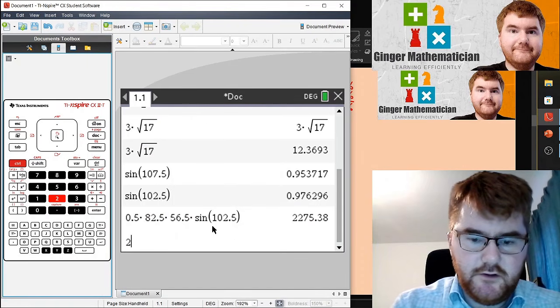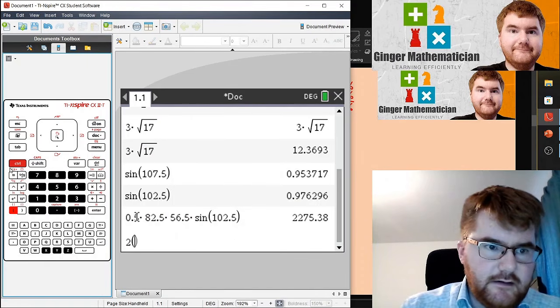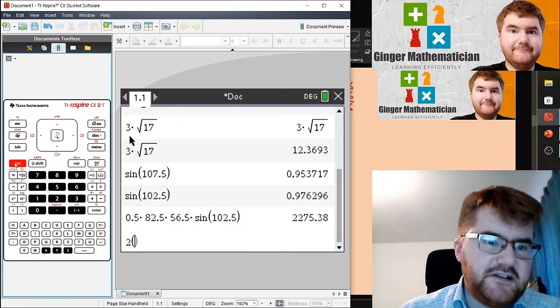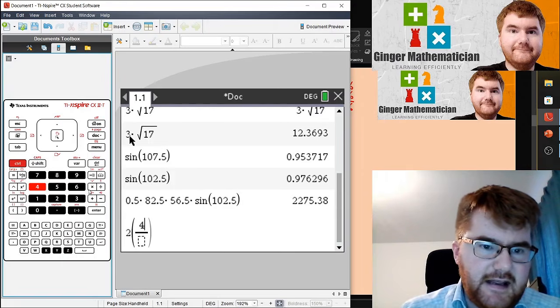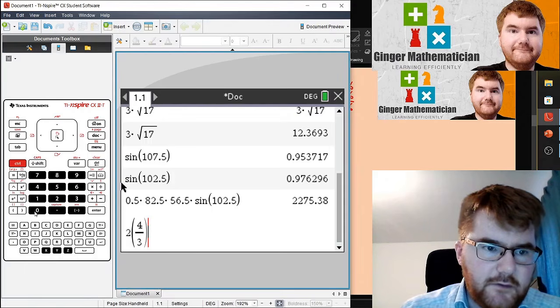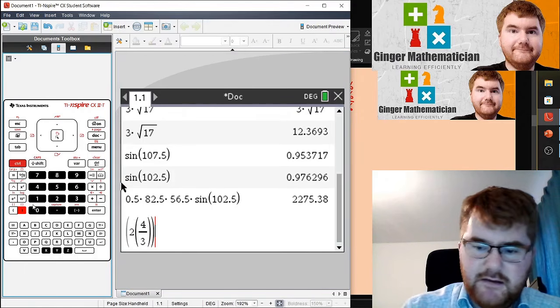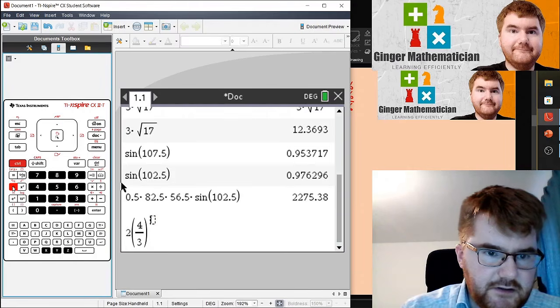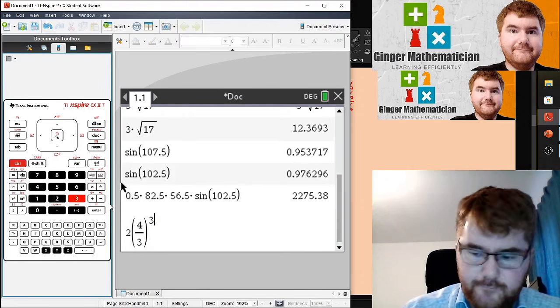So we've got 2 open brackets fraction. Again, I'm using the 0607 calculator, but any Casio is fine for this process. And we want a bracket. Oh, too many brackets. Cubed, so I'm going to use this button here for cubed.